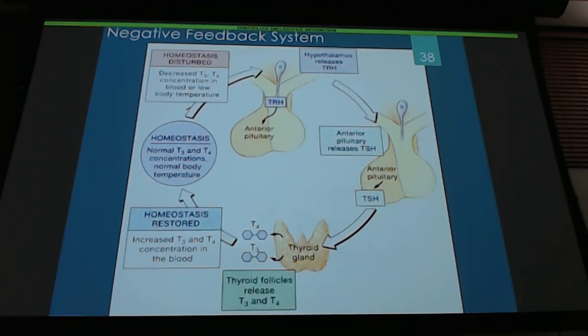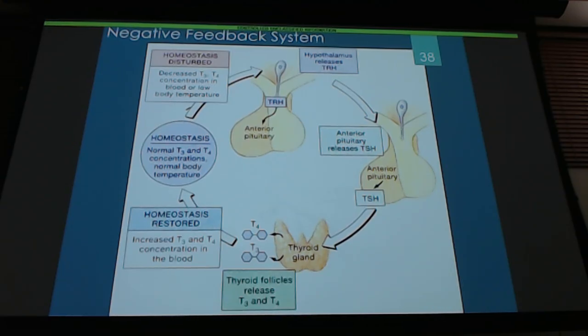So this should be a review. Okay, so we have, let's see, homeostasis is disrupted, right? So we have too much T4, too much T3. So the hypothalamus is triggered and says, hey, we need more thyroid hormone in the body. So the hypothalamus releases thyrotropin-releasing hormone. Tells you exactly what it's going to do, right? So it goes to the pituitary gland and says, hey, we need more thyroid hormone.